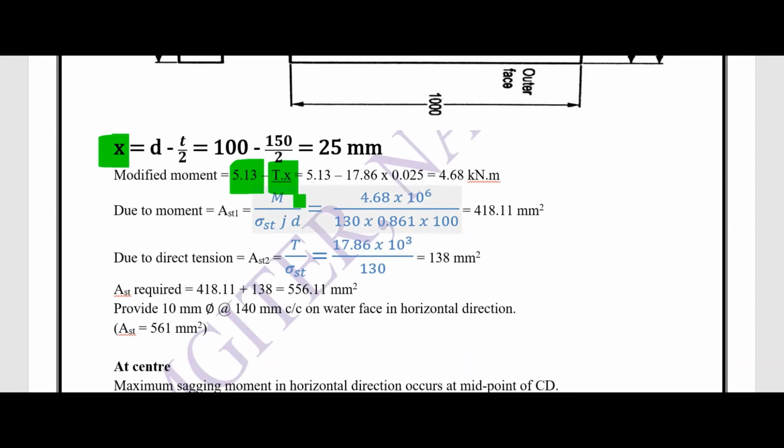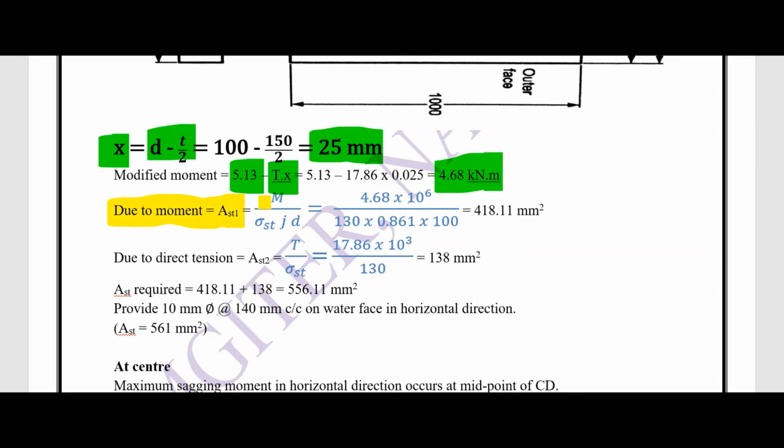So d minus t by 2 is 25. So the modified moment is 4.68 kilonewton meter. Now we have to provide AST1 for the M sigma STJD.